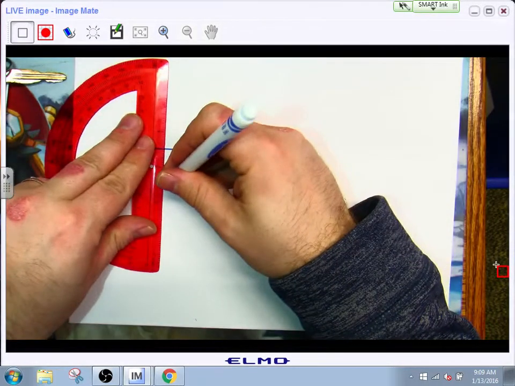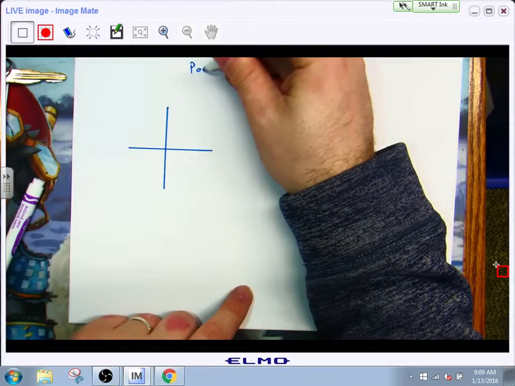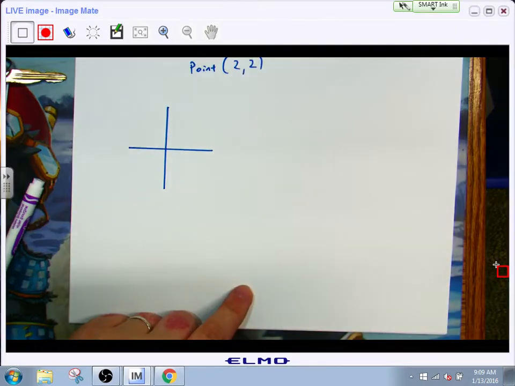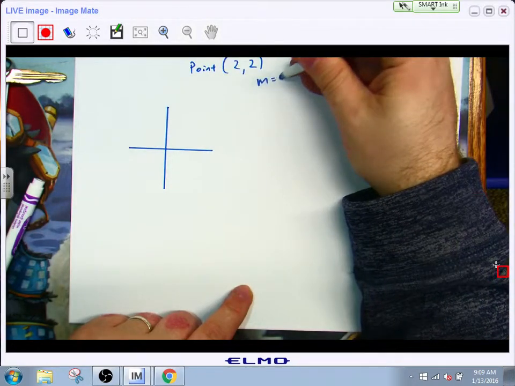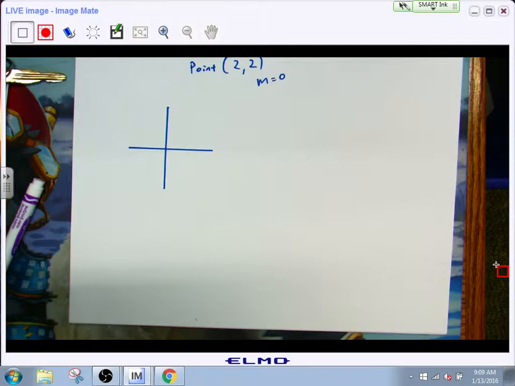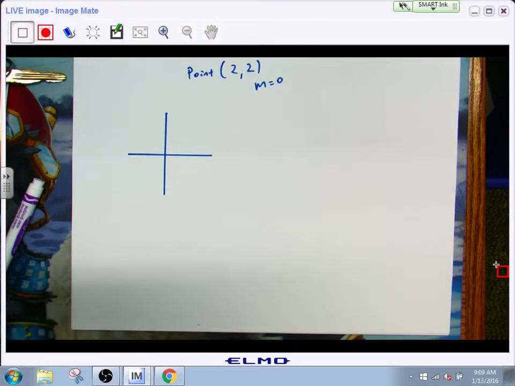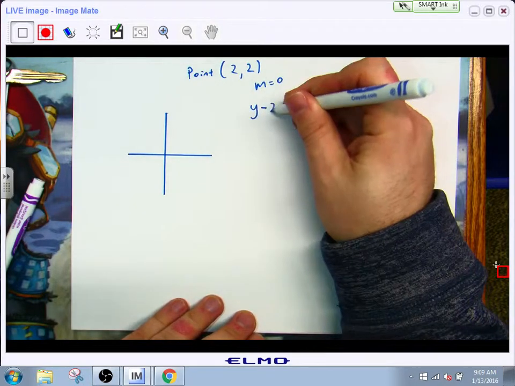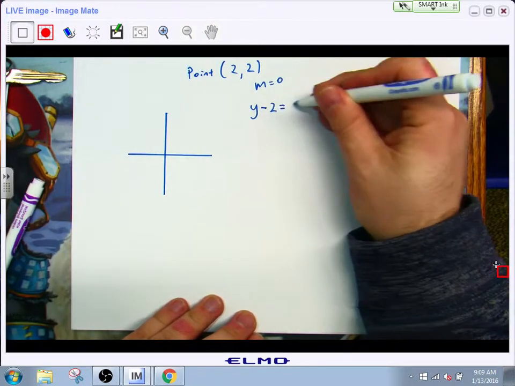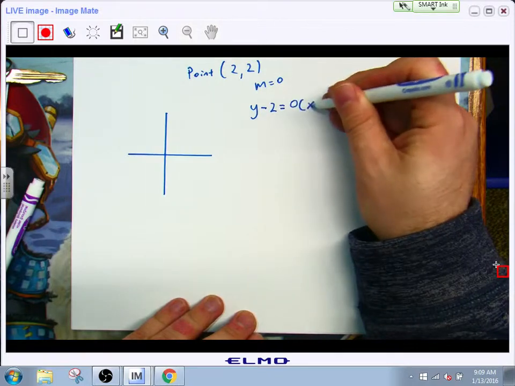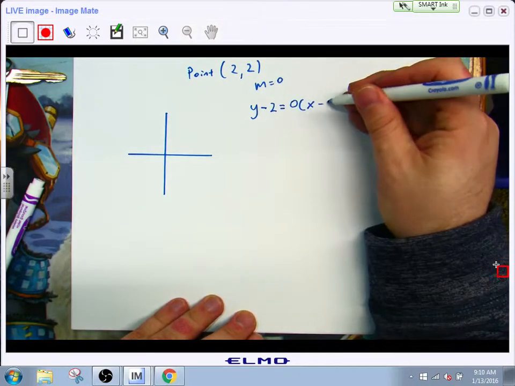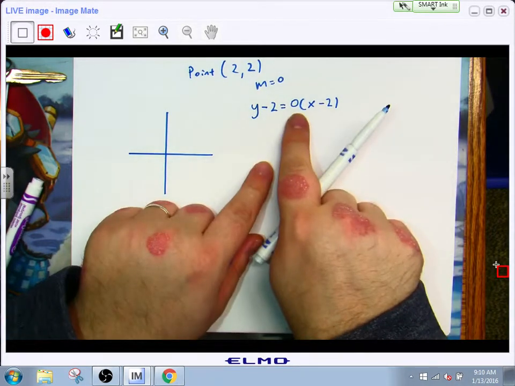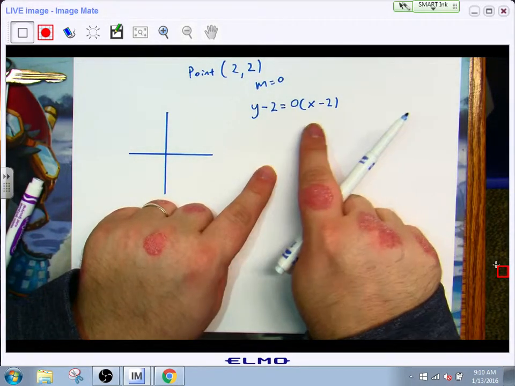What if the point was (2, 2), and I told you that the slope was 0? If I were to do this in point slope form, it's going to be y minus y1, 2, equals m times the quantity x minus x1, 2. Let's see what happens when we actually work this out. Well, 0 times anything is 0.